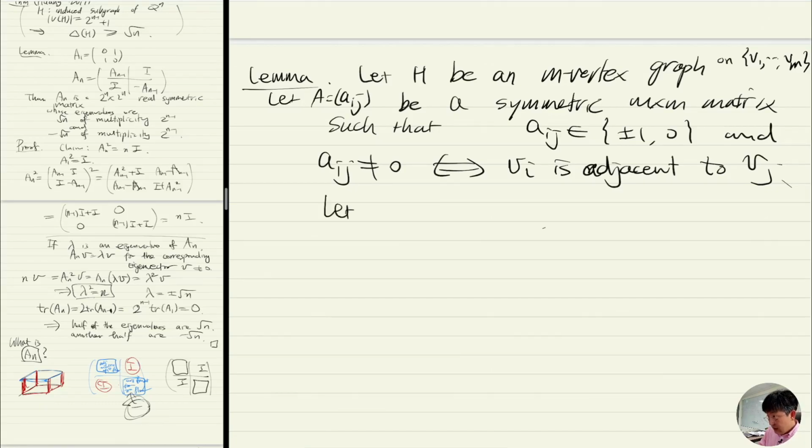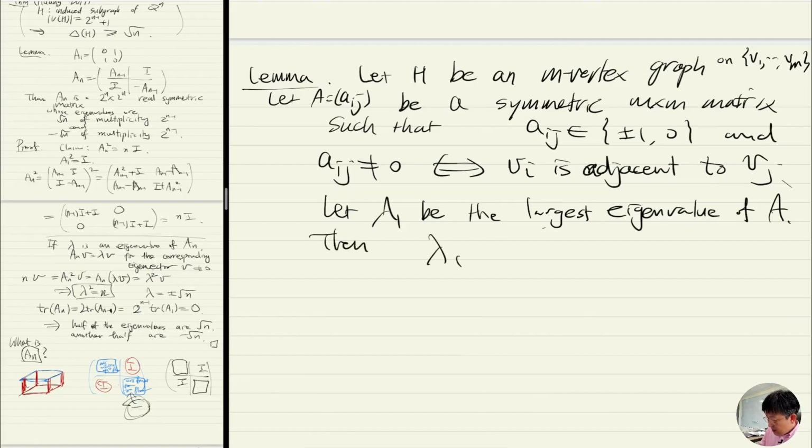So let lambda 1 be the largest eigenvalue of A. Okay. Then lambda 1 is a lower bound for the maximum degree.